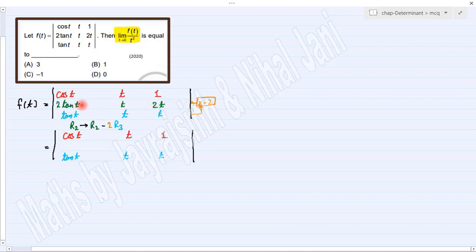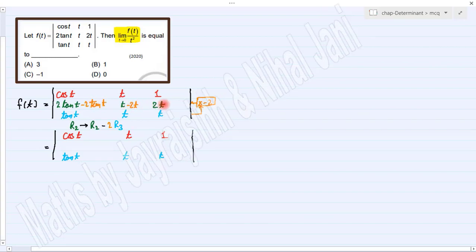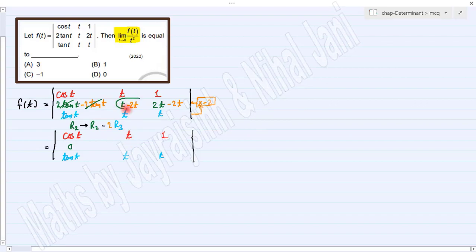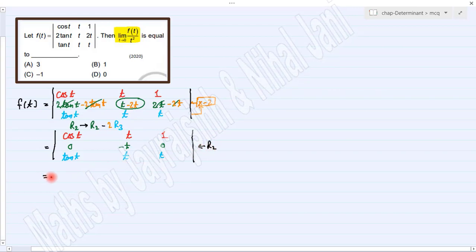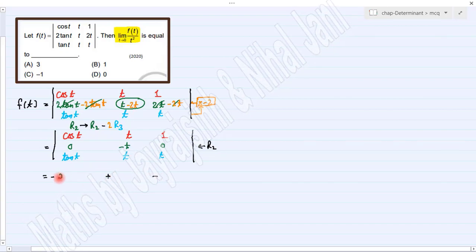So 10t minus 2 times 10t, then minus 2t and minus 2t. So in the first element, 10t and 2 times 10t will be cancelled out, we'll get 0. Then t minus 2t will be minus t, and in the last element, 2t will be cancelled out, we'll get 0. So we can expand with respect to the second row. Let's place their signs and their elements 0, minus t, and 0.